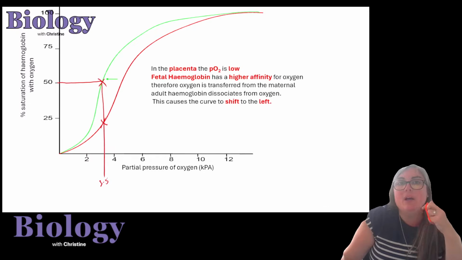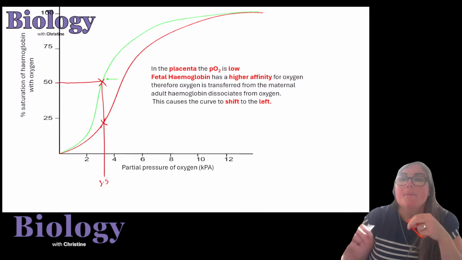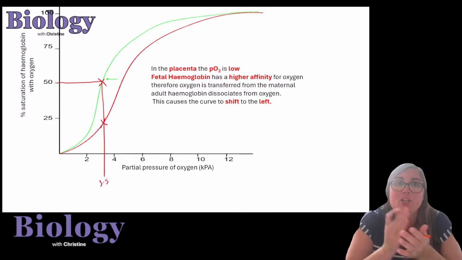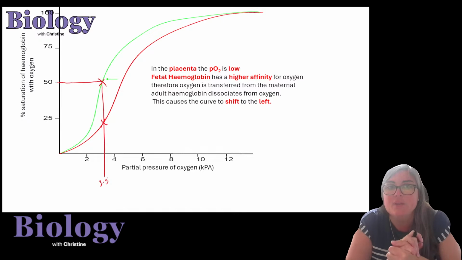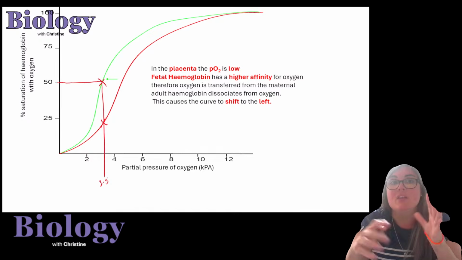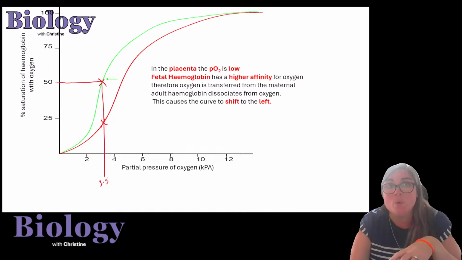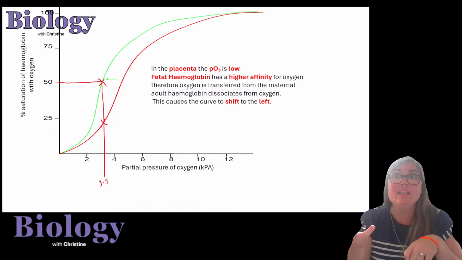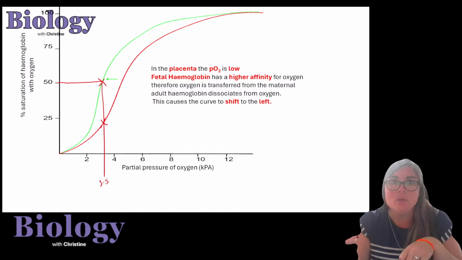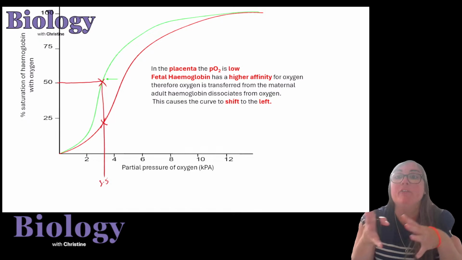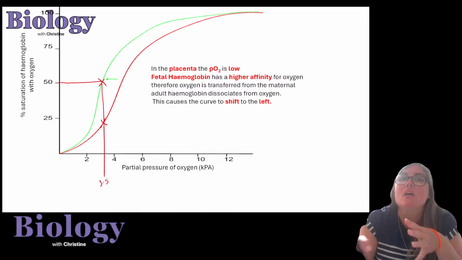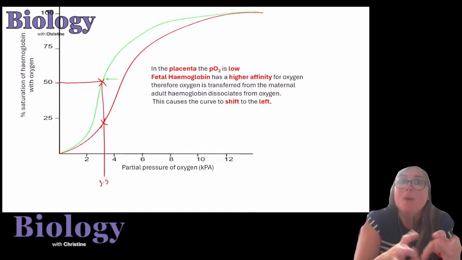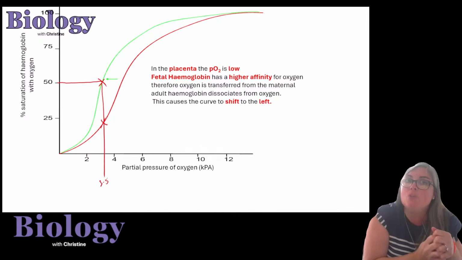So when we talk about fetal hemoglobin, because the partial pressure of oxygen is always low in the placenta, that basically means that the oxygen will dissociate. It will be released from the adult hemoglobin. It will then diffuse across, and when it diffuses across the placenta, it will then be loaded onto the fetal hemoglobin.